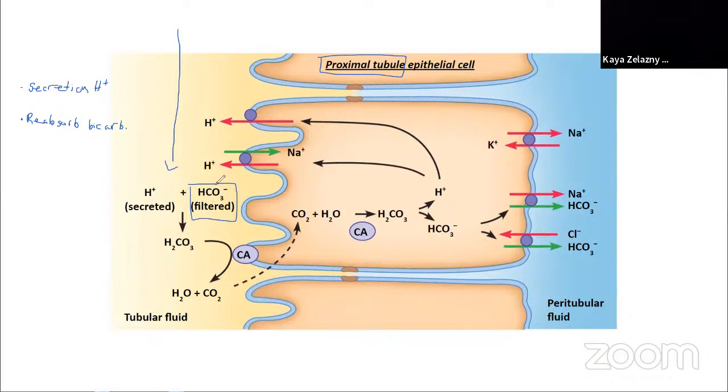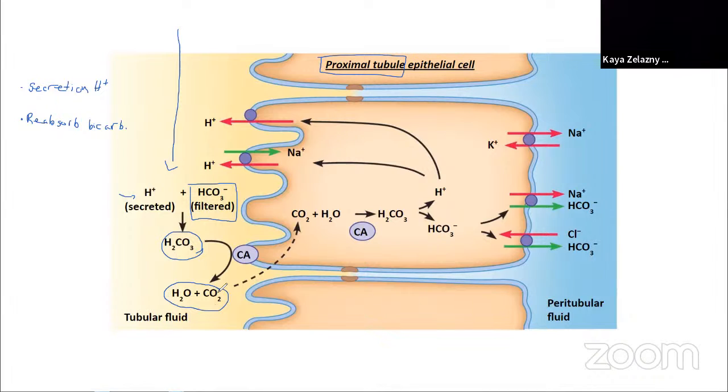So the bicarbonate in the tubular fluid that got filtered in is going to run into hydrogen ions that we're going to secrete at the end of this process. This is a dynamic process, so we can just think of them as being in there for now. It's going to combine with that bicarbonate, making carbonic acid, which then gets broken up into water and carbon dioxide.